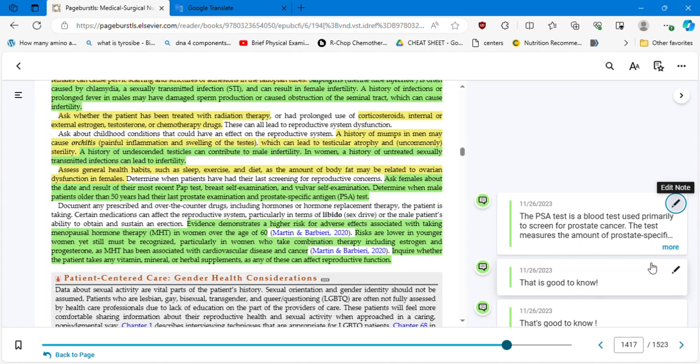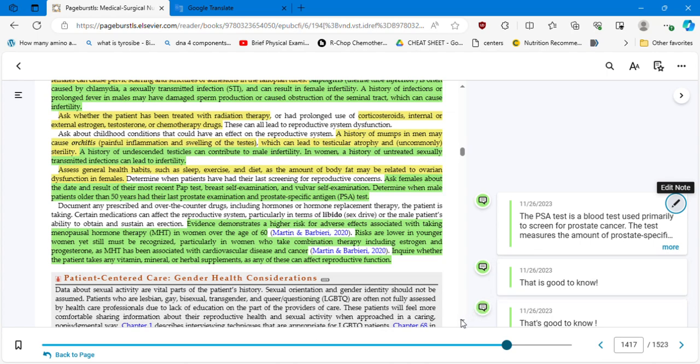Some other doctors will order the PSA test after 40. I want you to remember the PSA test; that's good to know.